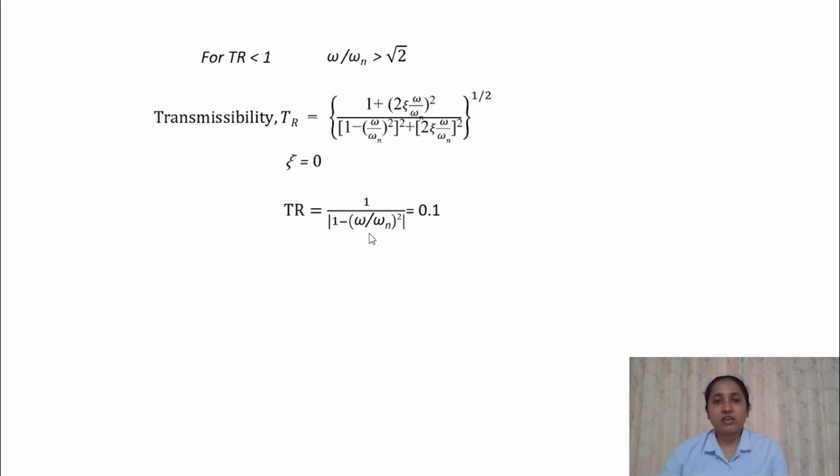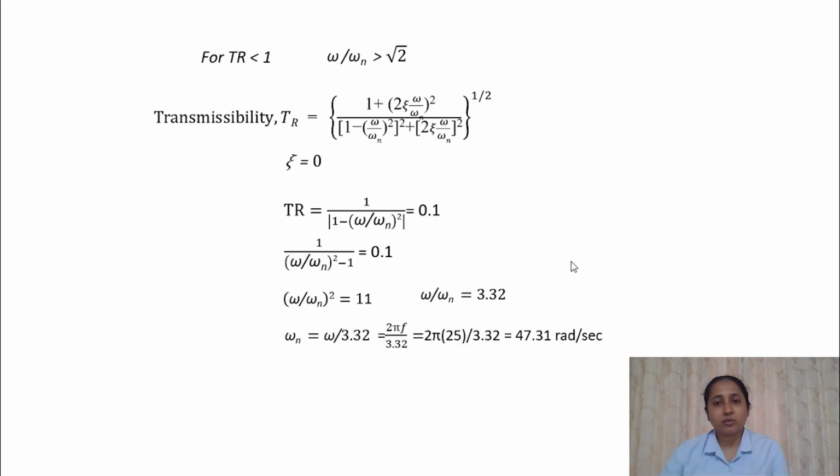From this, we can calculate the frequency ratio needed for this amount of transmissibility. Just solve this equation and we get the frequency ratio, omega by omega n, and that value is equal to 3.32. This is higher than root 2, so we will get transmissibility less than 1. Now we know the forcing frequency omega, so we can calculate the natural frequency.